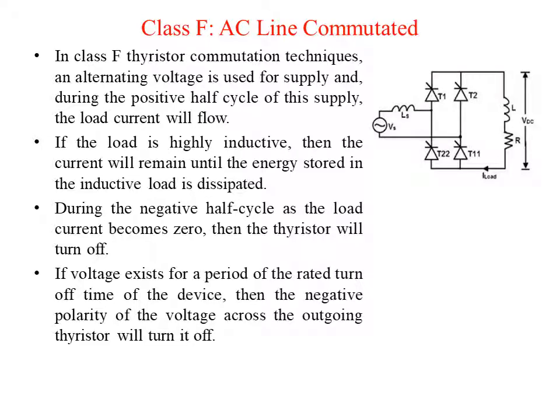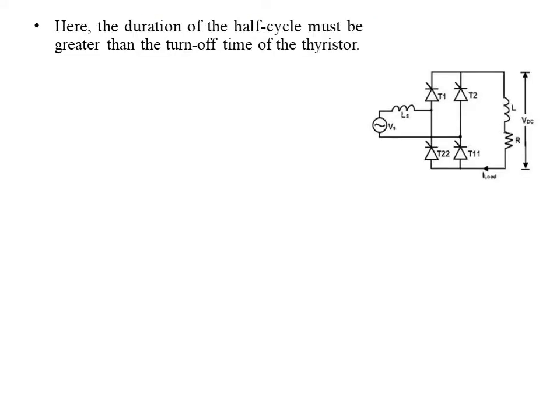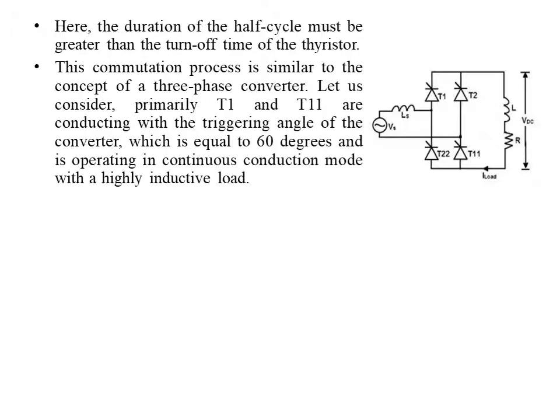If the voltage exists for a period of the rated turn-off time of the device, then the negative polarity of voltage across the outgoing thyristor will turn it off. Here, the duration of the half cycle must be greater than the turn-off time of the thyristor.